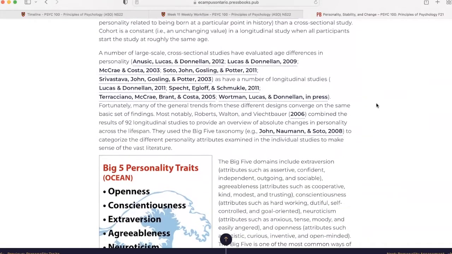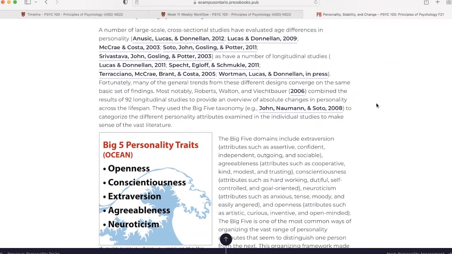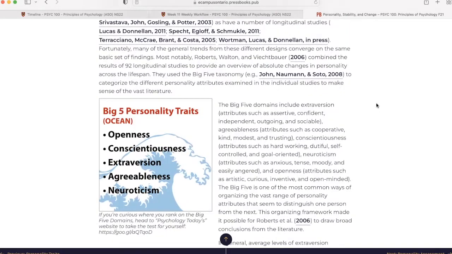A number of large-scale cross-sectional studies have evaluated age differences in personality, as have a number of longitudinal studies. Fortunately, many of the general trends from these different designs converge on the same basic set of findings.